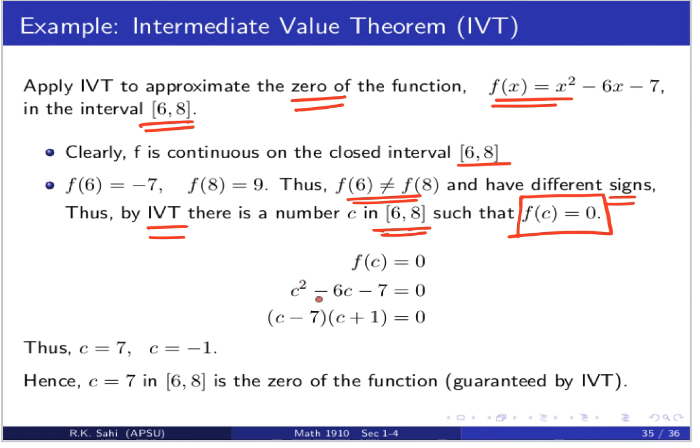You get c squared minus 6c minus 7. You can write this as c minus 7, c plus 1. You all know how to factor it, which gives us two values for c, 7 and minus 1. But remember, we're looking in the interval 6 to 8. So the value c equals 7 is the zero of the function and it is guaranteed by IVT.